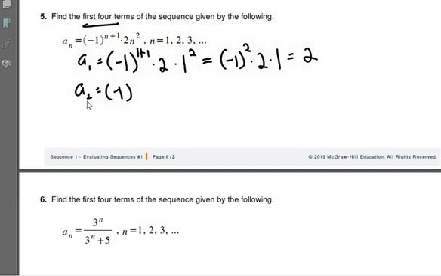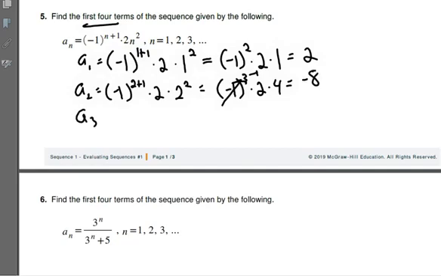When we have a sub 2, we have -1 and then 2 plus 1 for the exponent here times 2 times 2 squared. So that's going to be -1 to the third power times 2 times 4 here, because that's the 2 squared. Now -1 to the third power is -1 times -1 times -1, well that's -1. So we have -1 times 2 times 4, so that's -8.